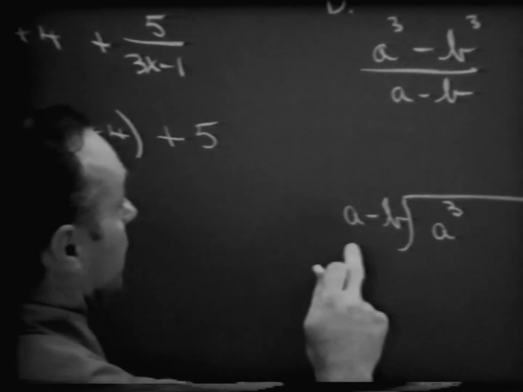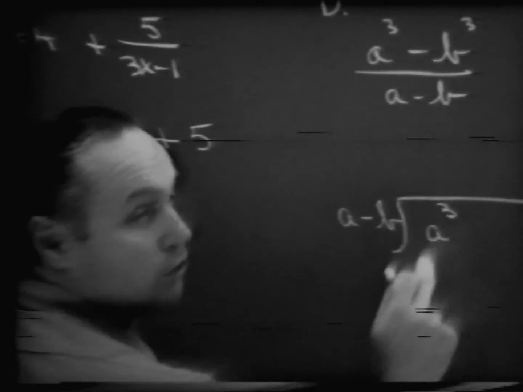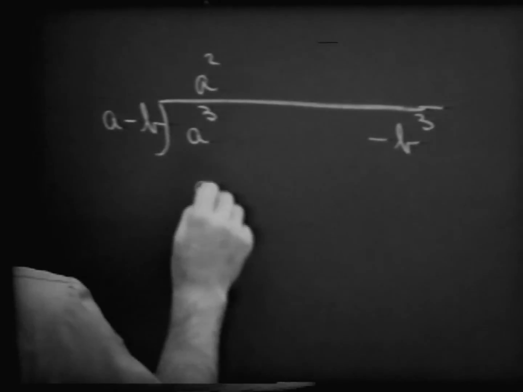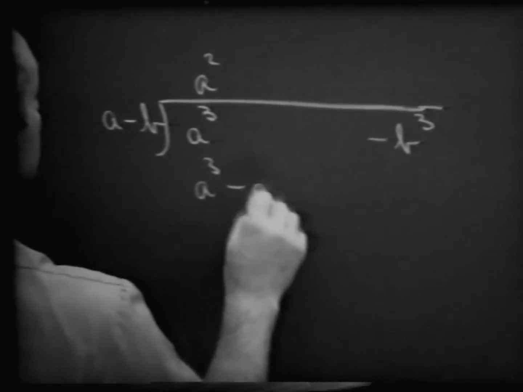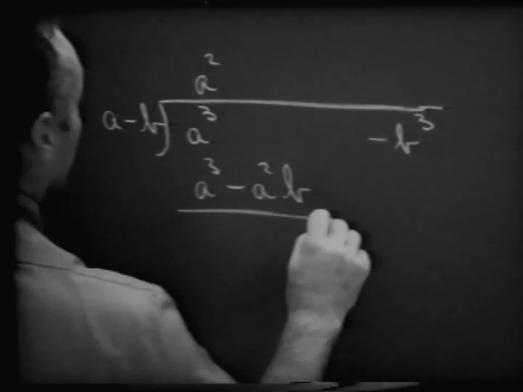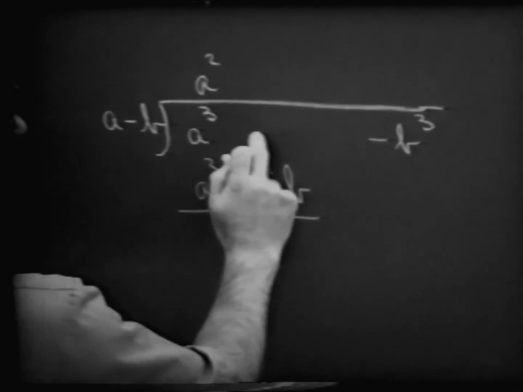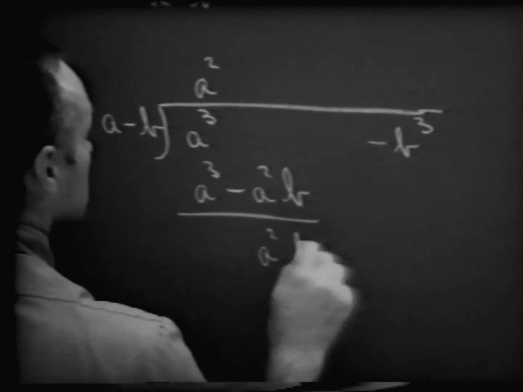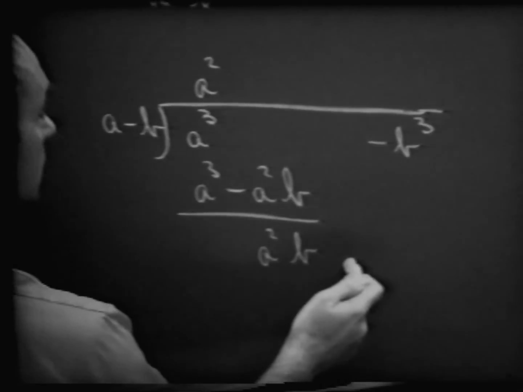Let's see exactly what we mean by that. A into a cubed goes a squared, because a squared times a is a cubed, minus a squared b. Let me write it that way. Such that when we subtract, notice you're subtracting it from 0, which I'm simply leaving blank, we have positive a squared b, and then you bring down your next term, which is 0.